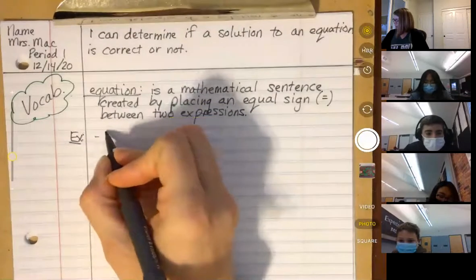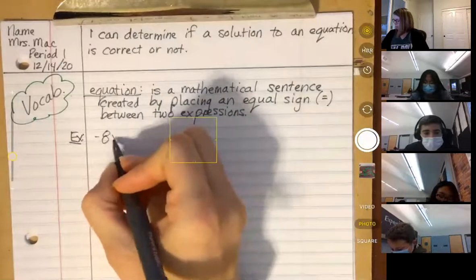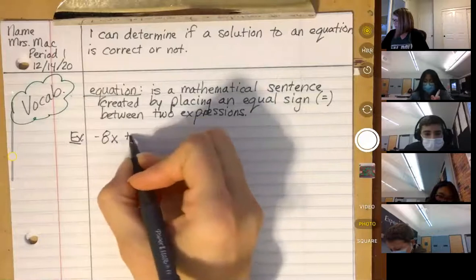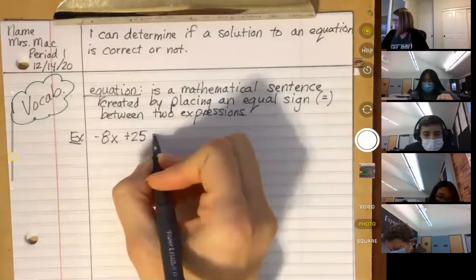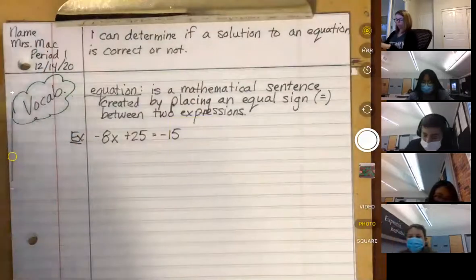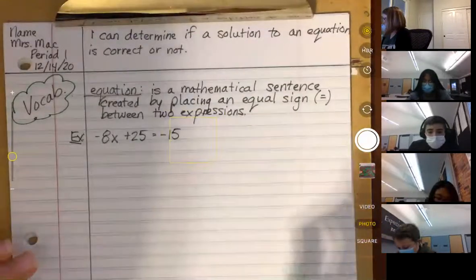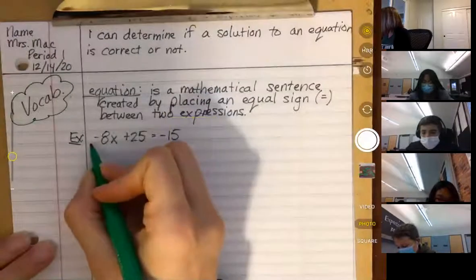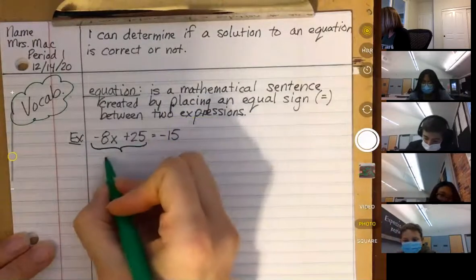So here is negative 8x plus 25 is equal to negative 15. So let's talk about this real quick before we actually do something with this. This over here is an expression.